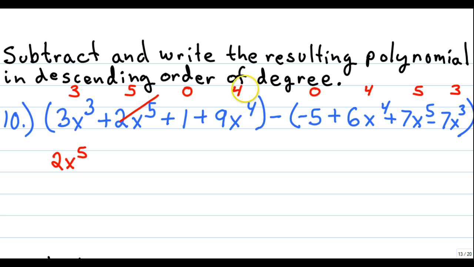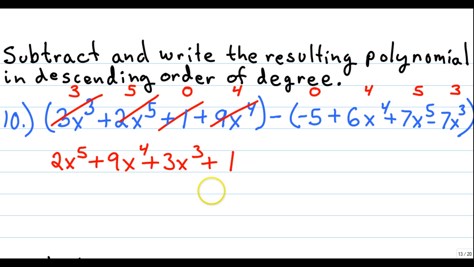Then we're going to go to the next term with the next highest degree, which is plus 9x to the fourth degree. Moving on to the third term, we have our positive 3x to the third degree, and lastly, our 0 degree term, plus 1.